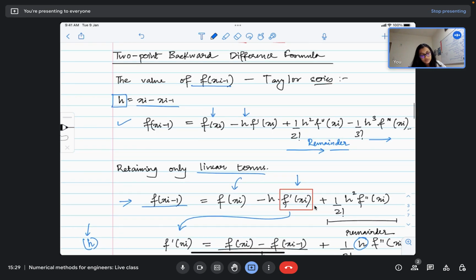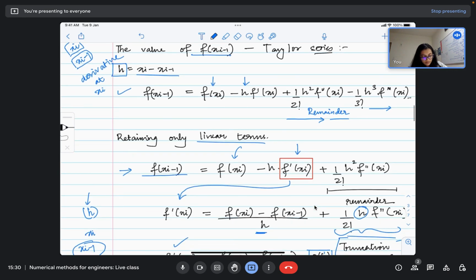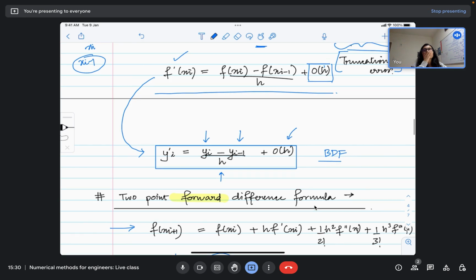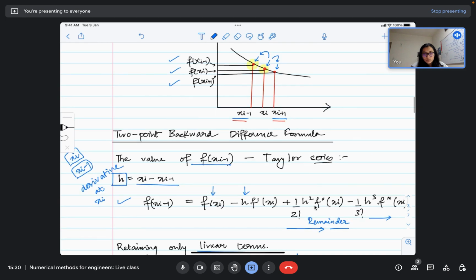So our main aim in backward difference formula was to take 2 points xi and xi minus 1, and try and approximate the derivative at xi. Right? So let's take a moment and understand what is actually happening in the graph when we are using the backward difference formula.